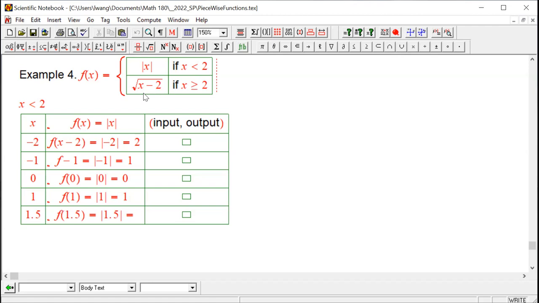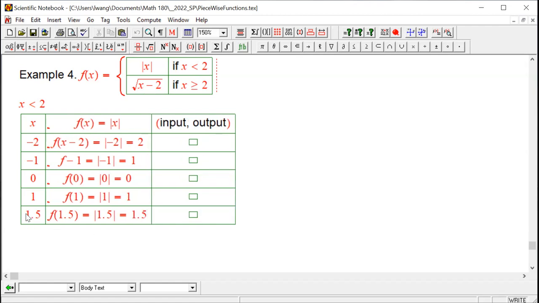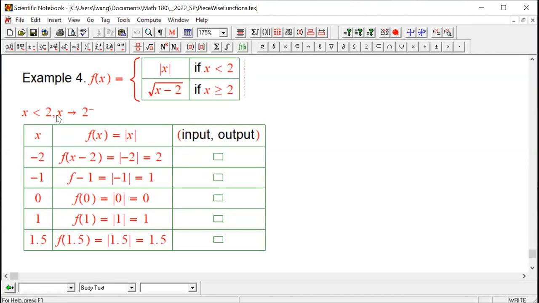The input can be very close to 2, but not equal to 2, from smaller than 2. So our input can be approaching 2 from smaller than 2. That's the notation. Let me write it down so you can see it. So x can be getting as close to 2 as we like, but less than 2. So we get these points.